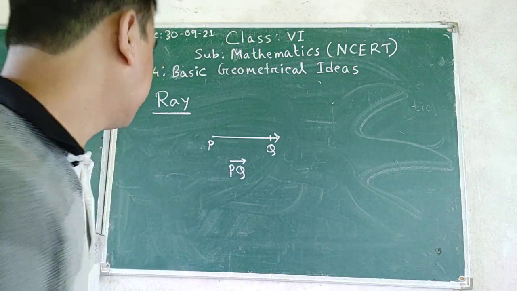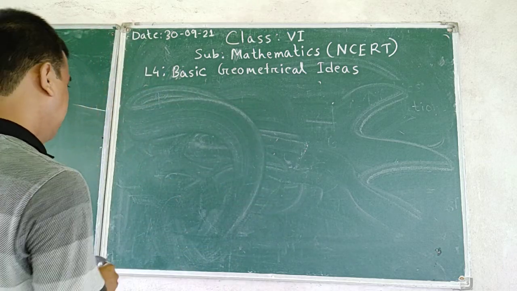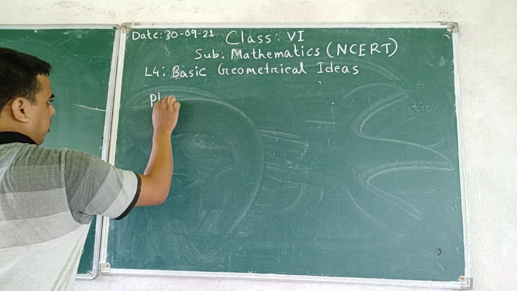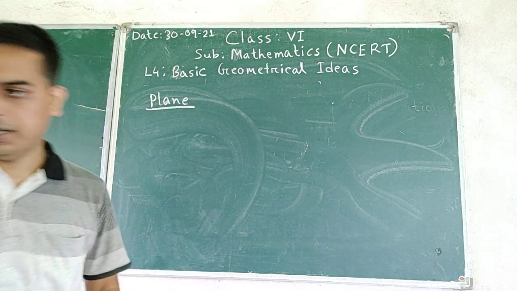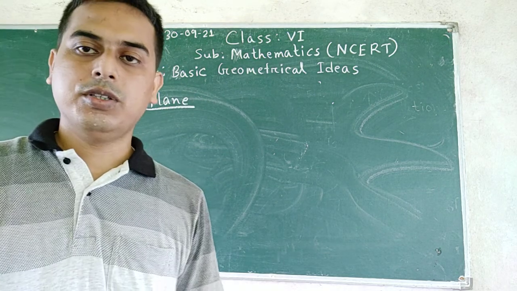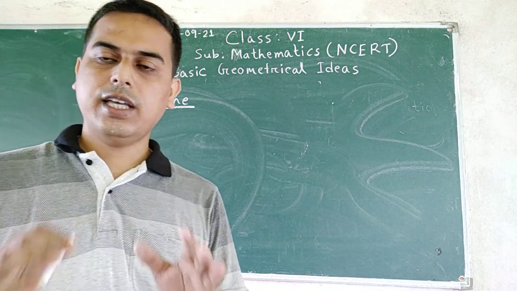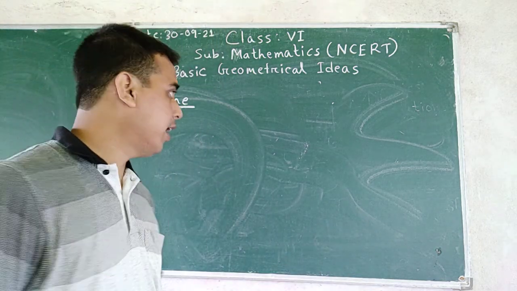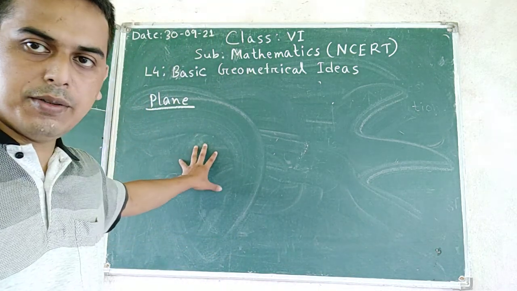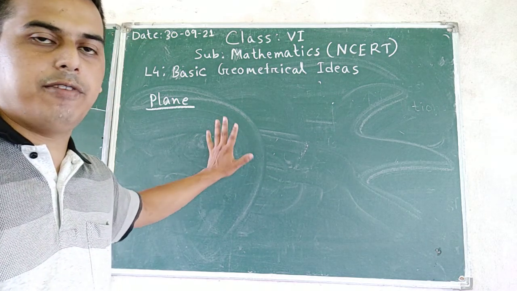And our next concept is plane. So what is a plane? A plane is a flat surface that extends indefinitely in all directions. Now this board that you are looking at is an example of a plane, a flat surface.